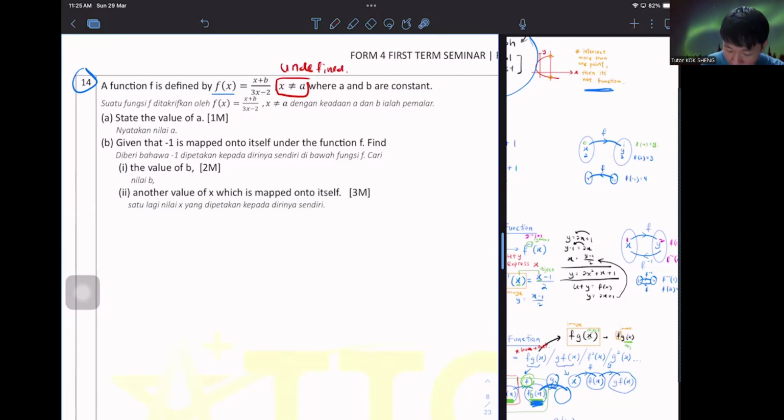Okay, so it means that this fraction, you cannot sub a into the object. If you sub a, you got no answer, undefined. So remember, fraction, what makes the answer undefined is the denominator equal to 0.